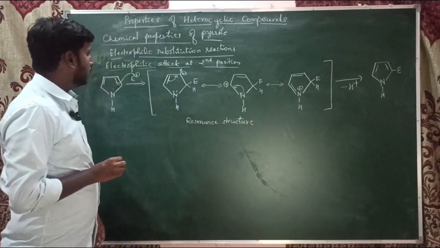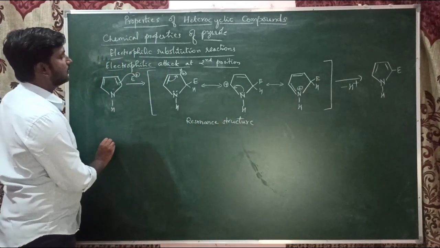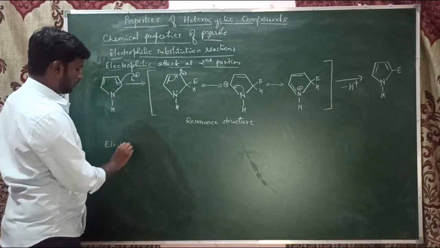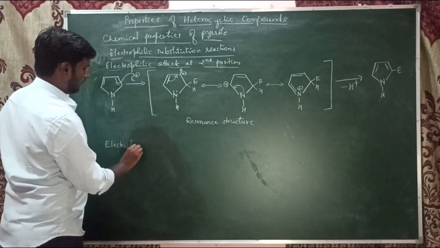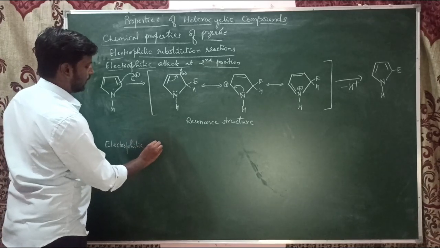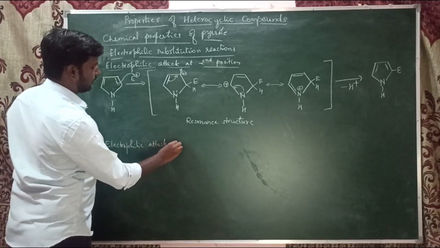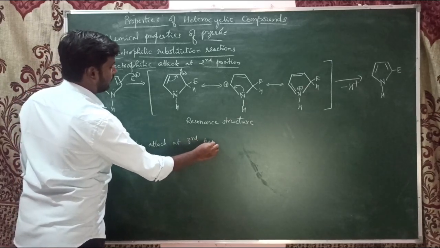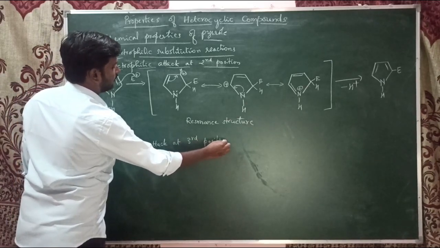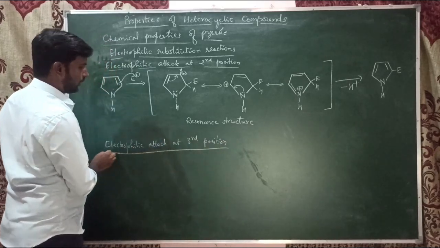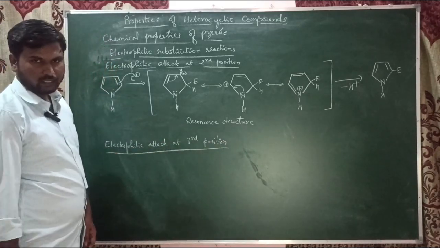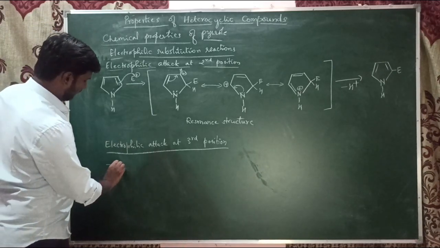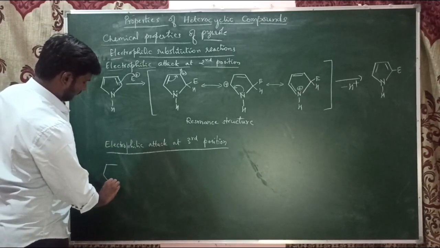Okay, so when this electrophilic attack takes place at the third position, or it is also equivalent to the fourth position. Third and fourth are equal, second and fifth are equal. Now let us see when the electrophile attacks at the third position.